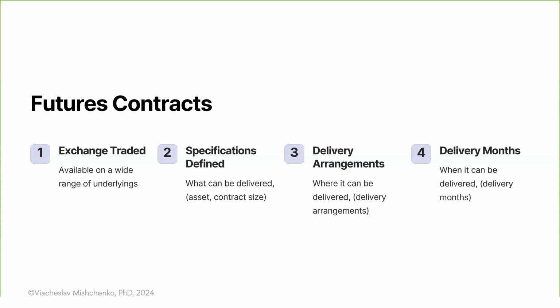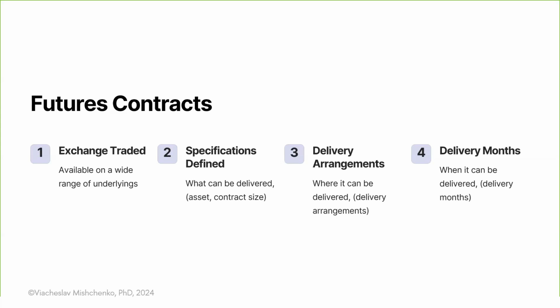And that brings both advantages and limitations. On the one hand, the standardization of futures contracts is crucial, and it specifies exactly what can be delivered, where, when, and in what quantity. This standardization makes futures more liquid and easier to trade than forwards.